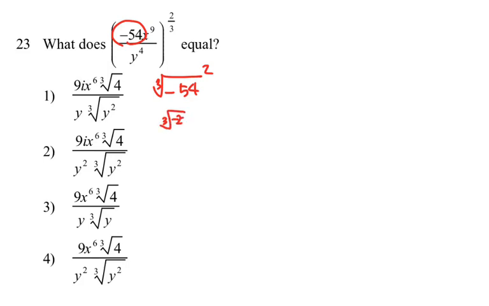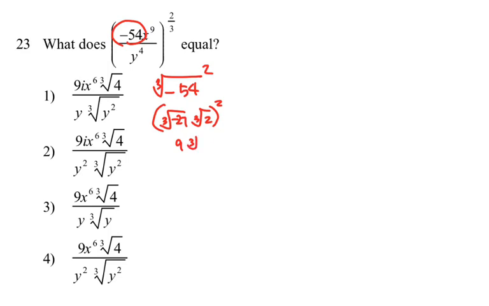So I can rewrite this as the cube root of -27 times the cube root of 2, because -27 times 2 equals -54, raised to the 2nd power. The cube root of -27 is in fact -3, so when you square that, it becomes 9.